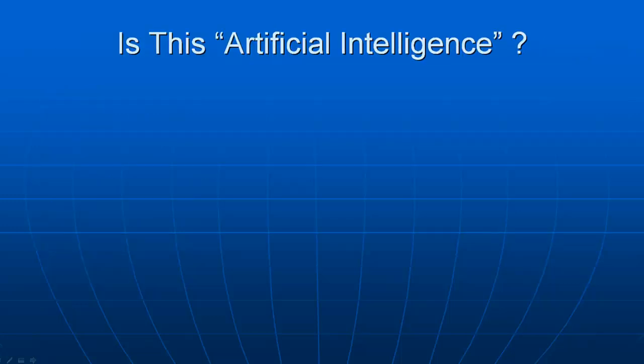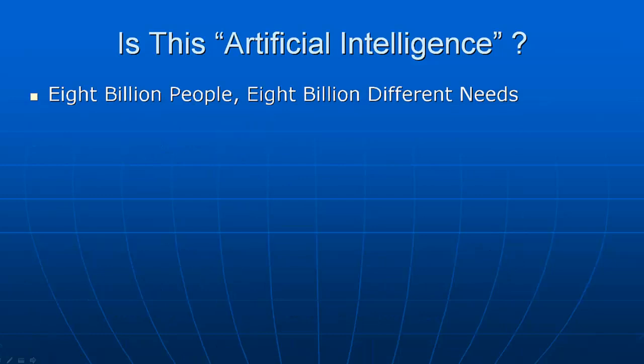So is this artificial intelligence? We have 8 billion people, and we have 8 billion different needs for any piece of logic. So an editor, procurement, billing, all of these things are the same, and yet implemented different by every person on there.